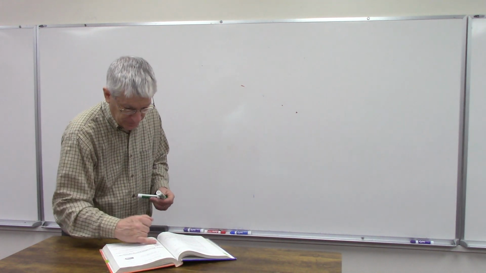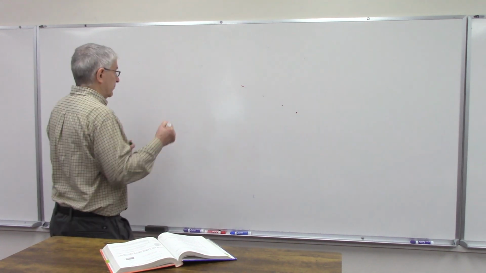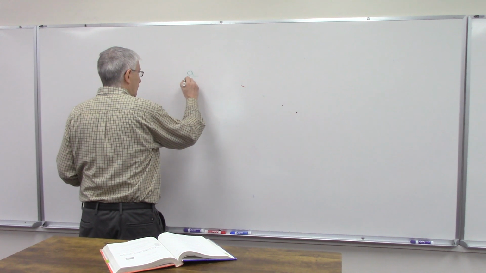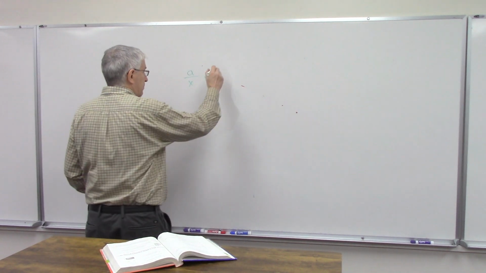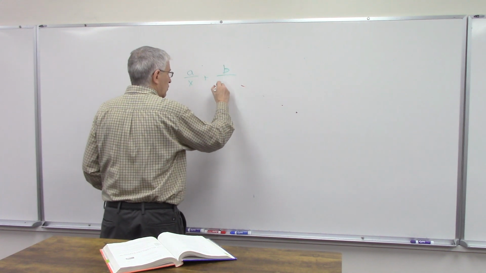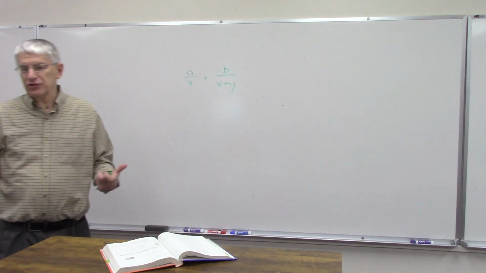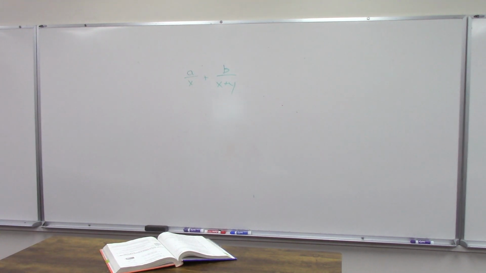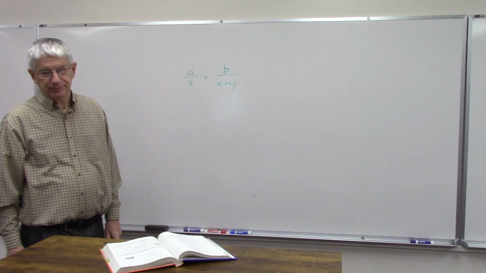Now the first part is, we've had some of these, he's just making it a little more complicated. So example 52.1 at the bottom of page 211, a over x plus b over x plus y. So our denominators are not the same, obviously. So now we know we need to get a common denominator.